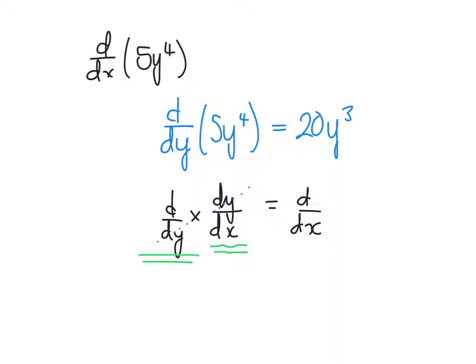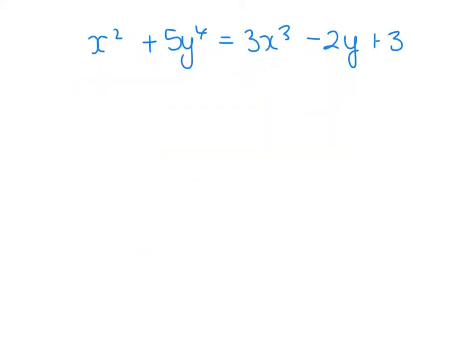So d by dx of 5y to the 4, the original thing we were being asked to differentiate is, well, let's pretend that the x that we're trying to differentiate by is actually a y, and differentiate that and get 20y cubed, and then chuck dy by dx on it. So going back to our original equation then, we can differentiate this perfectly well using implicit differentiation.